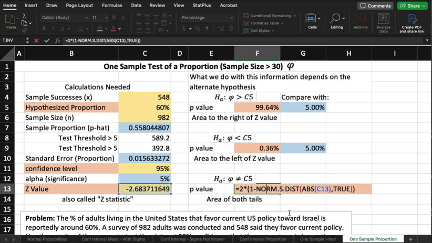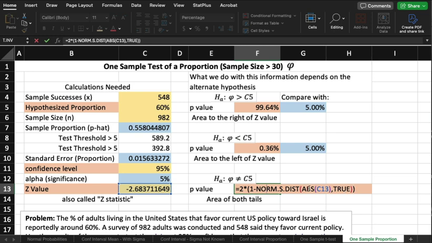This is pretty complicated, so you may want to pause the video and write this down exactly as you see it. In F13 you're going to type equals 2 times, left parenthesis, 1 minus norm.s.dist, left parenthesis, ABS, which is absolute value, another left parenthesis, C13, right parenthesis, comma, true, and then 2 right parentheses.